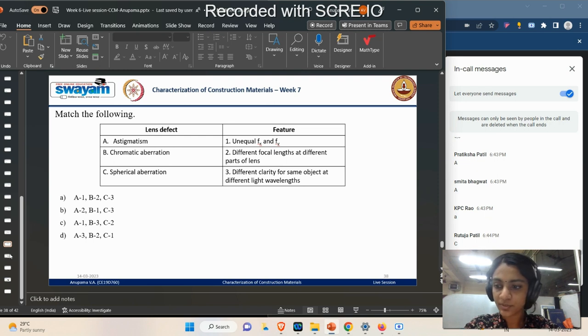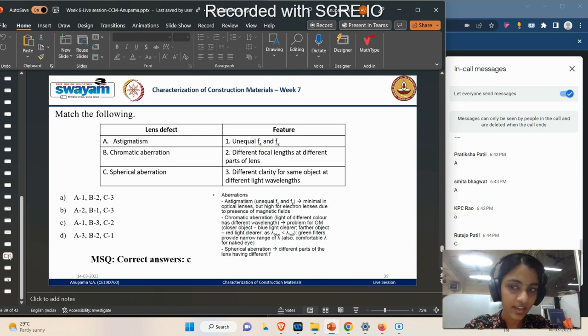Okay, let's move to the correct answer. Correct answer is C. Astigmatism means that the focal length in the x direction of the lens and the focal length in the y direction are different. Chromatic aberration: how to remember? Chromatic means something which has to do with color or colored light, which means different wavelength.